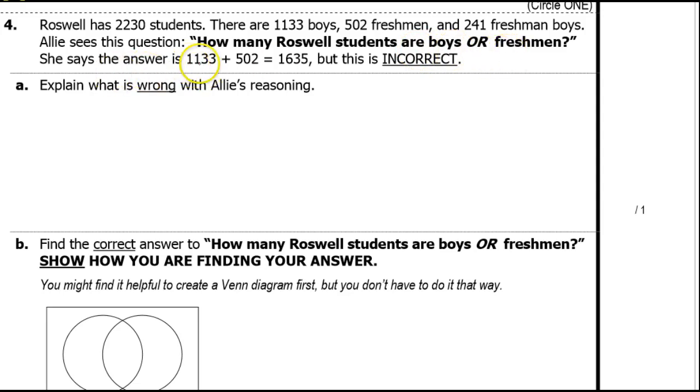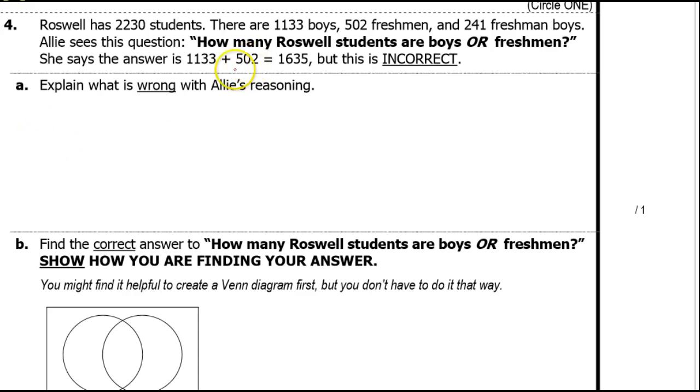She just adds up the number of boys and the number of freshmen and gets this number. But this is incorrect. Okay, what is wrong with Allie's reasoning? All right, the problem is that there is an overlap between these two sets.